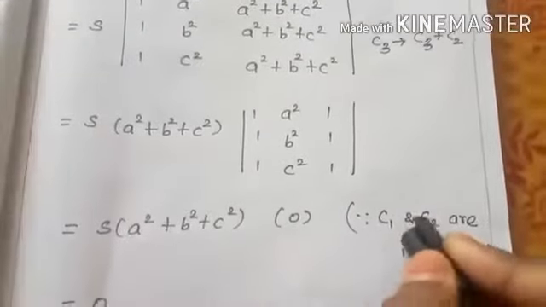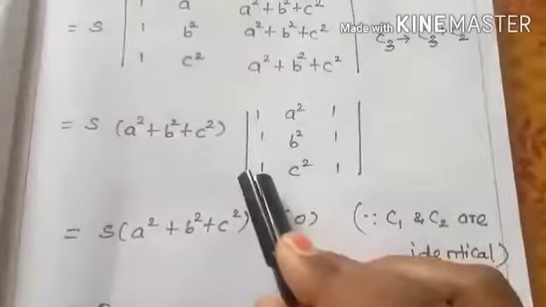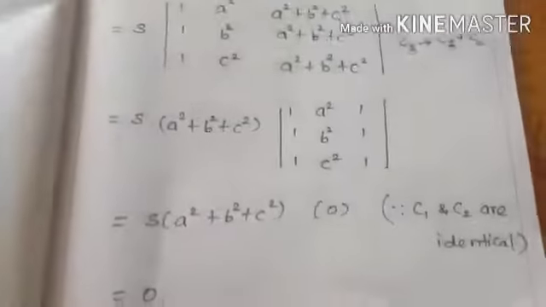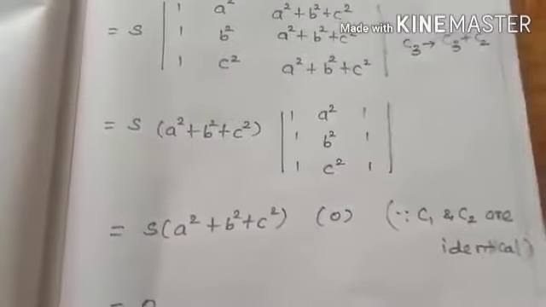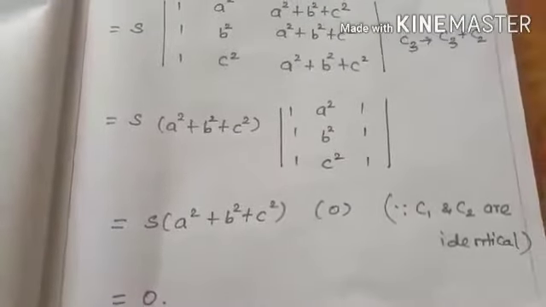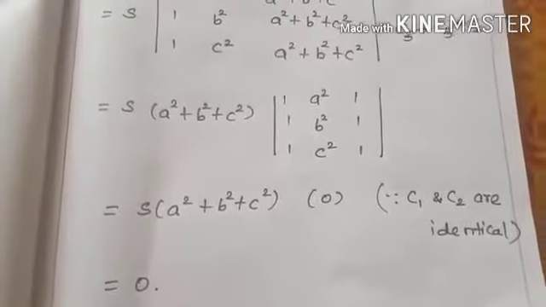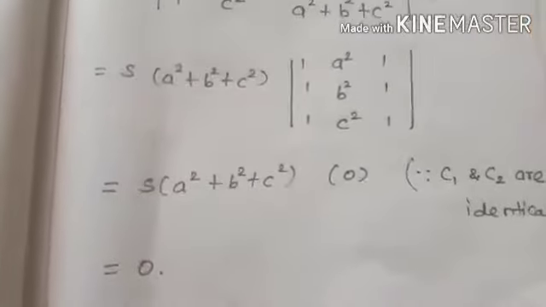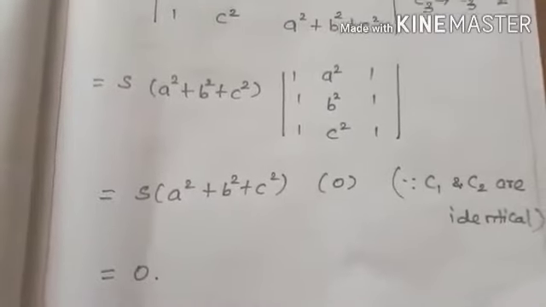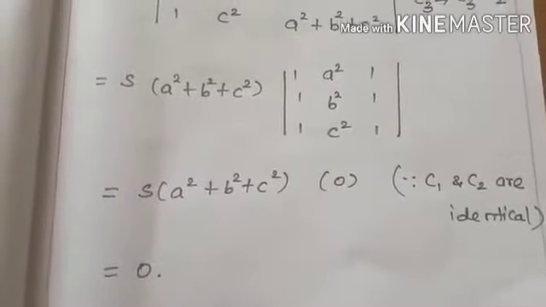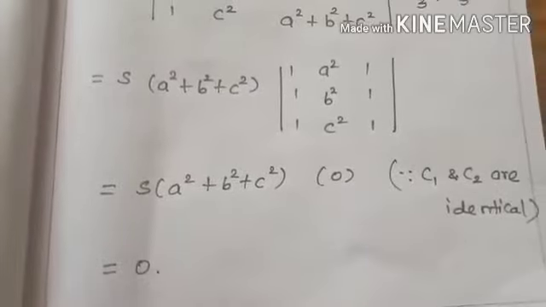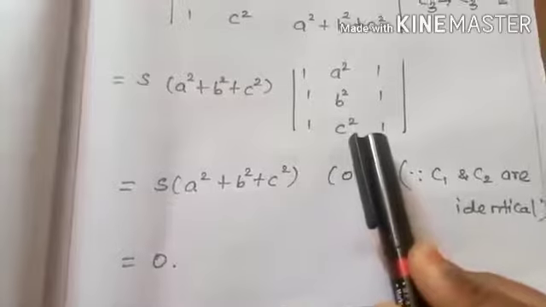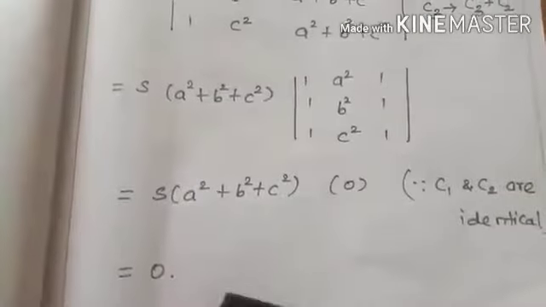Since C1 and C3 are identical. By the property, in a determinant, if any two rows or columns are identical, then the value of the determinant is equal to 0. Once again, the property is, in a determinant, if any two rows or any two columns are identical, then the value of the determinant is equal to 0. So in this determinant, the first column and third column are identical.